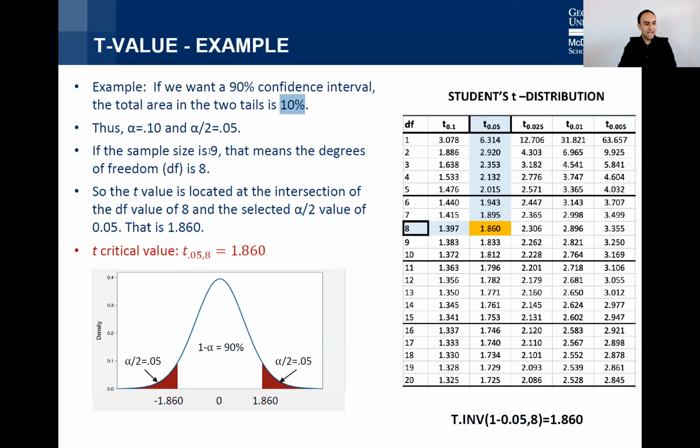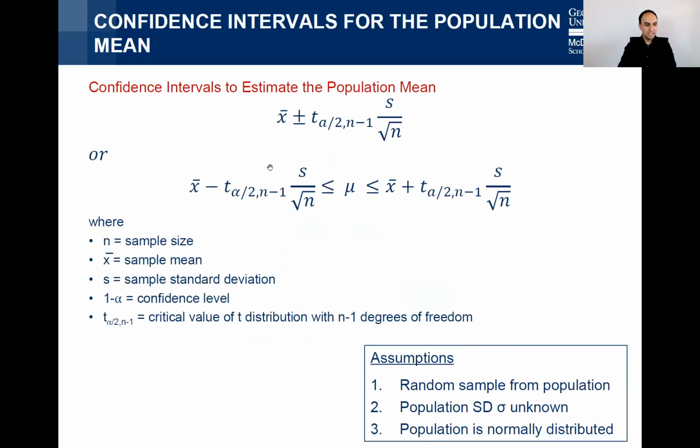Now, if the sample size is 9, what would be the critical value for t? If the sample size is 9, our degrees of freedom is 8, and we are looking at t of alpha half, so t of 0.05. That takes us to this, which is 1.86. That's the t critical value, which we will be using in this equation.